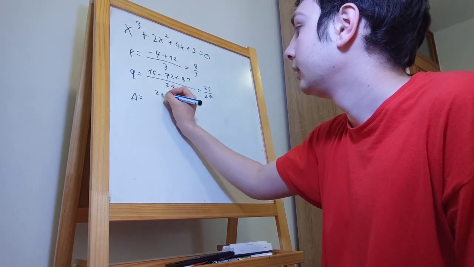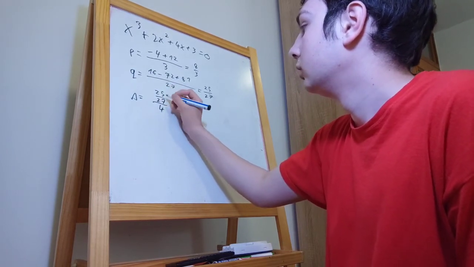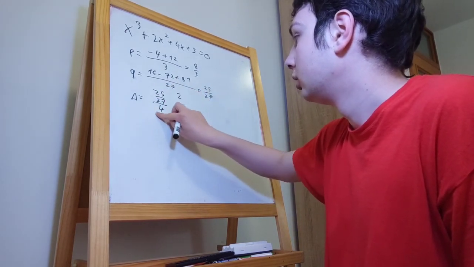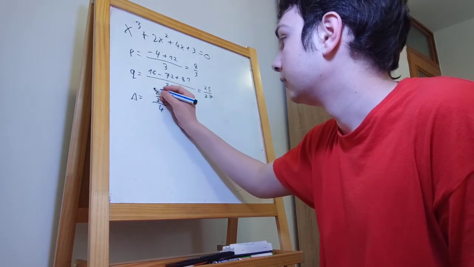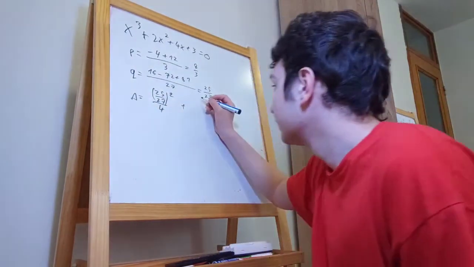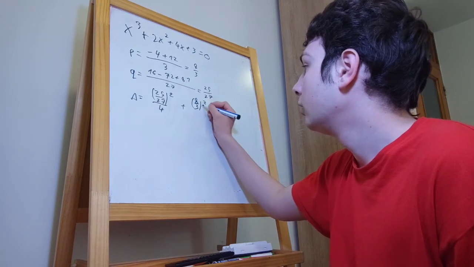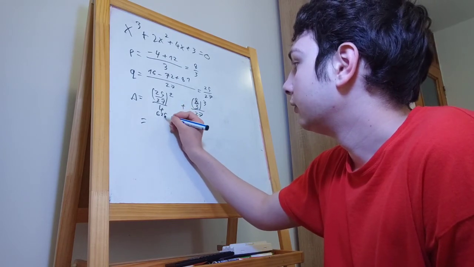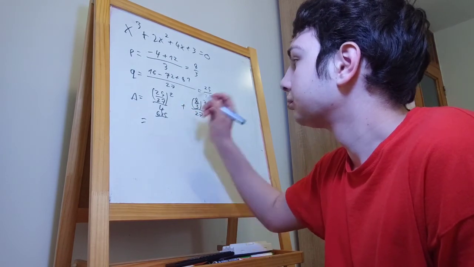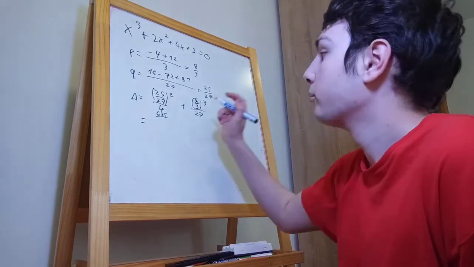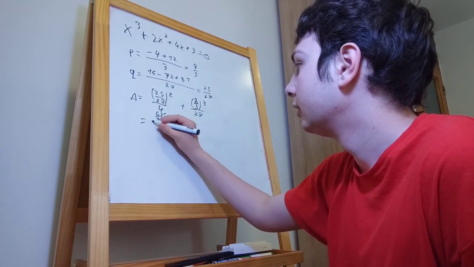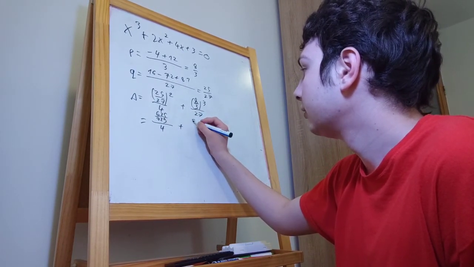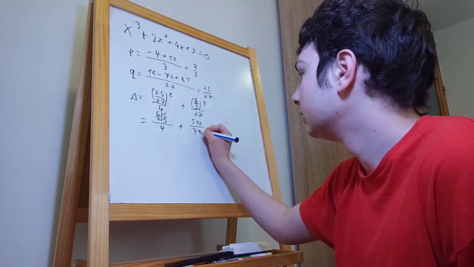Delta will be equal to 25 over 27 over 4 squared plus 25 over 27 squared over 4 plus 8 over 3 cubed over 27, and this is equal to 625 over 729 all over 4 plus 512 over 729.